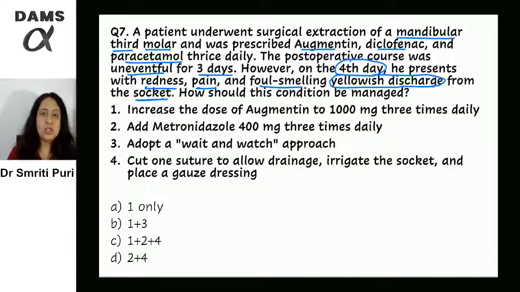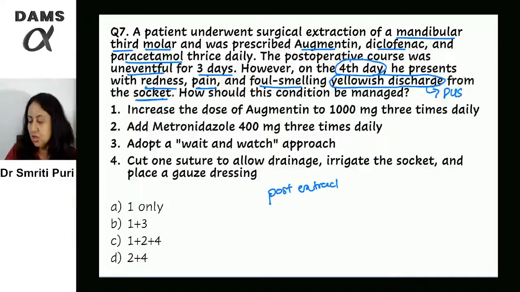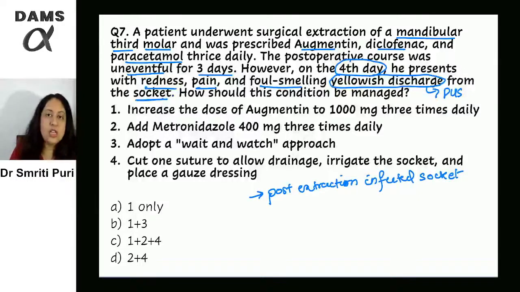This is the catch in the entire question. If there is a foul smelling yellowish discharge, this is pointing towards pus. So the patient is having a post extraction infected socket.